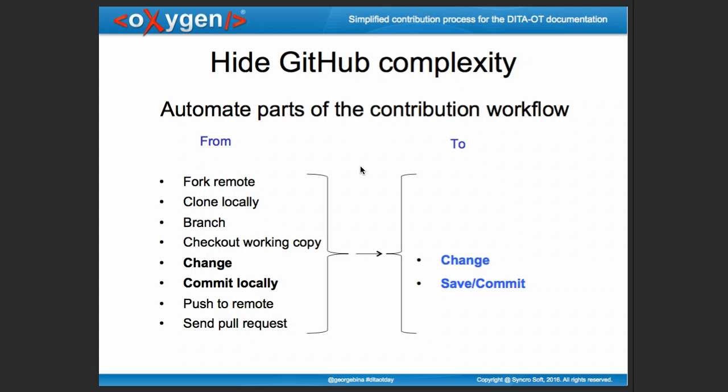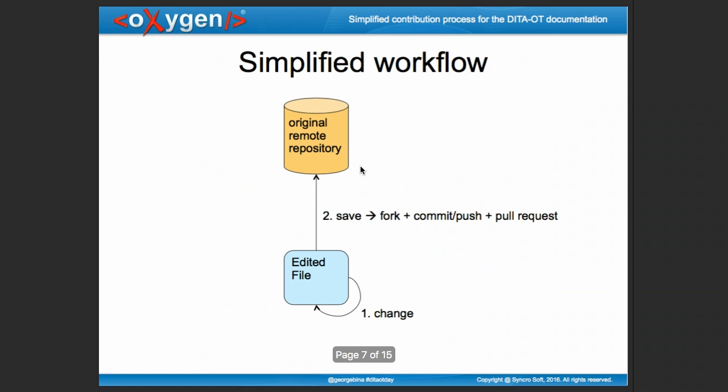If I have a file open already, I can change it, save, and that will go into the GitHub repository. So that workflow can be replaced with something where you have the remote repository, you edit that content, and when you save, it will automatically fork, commit, push, and send a pull request. A pull request is a request that you send to the owner of that repository to accept your change.